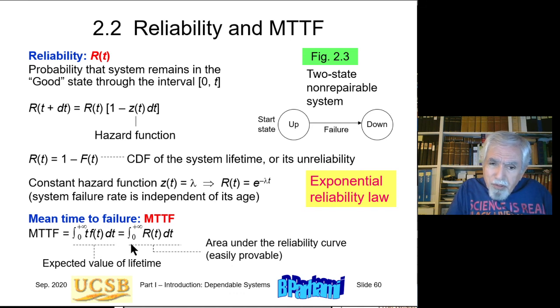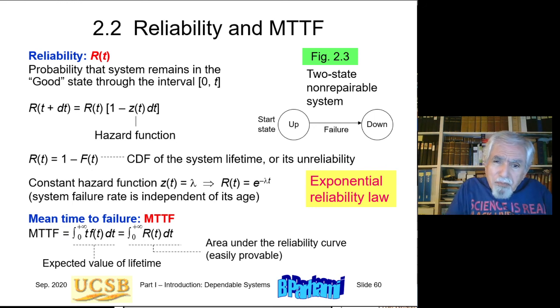And it's provable. I won't prove it here; I'll leave it up to you if you're interested. It's the integral of the reliability of the system over time 0 to infinity. So this is the area under the reliability curve. The area under the reliability curve is the mean time to failure.